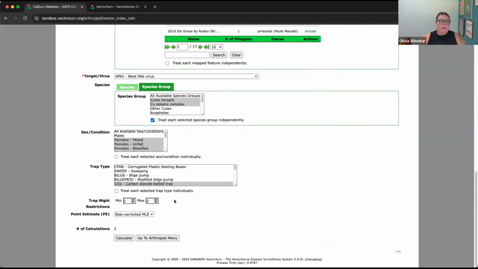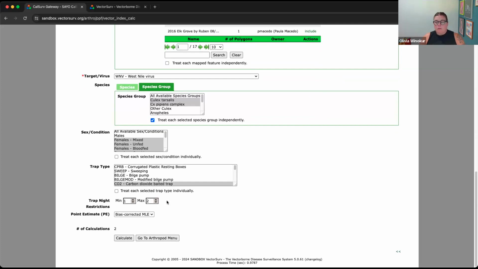So for example, if in this area most of the traps that I run are for one night, but I have some long-term surveillance traps that run for 5 nights, 2 weeks, whatnot, I don't necessarily want to include those traps that have run for a long time because we might not have A, been testing those for arboviruses, or B, the likelihood of finding arboviruses in mosquitoes that have been in a trap for 2 weeks in the hot sun is probably pretty low, right?